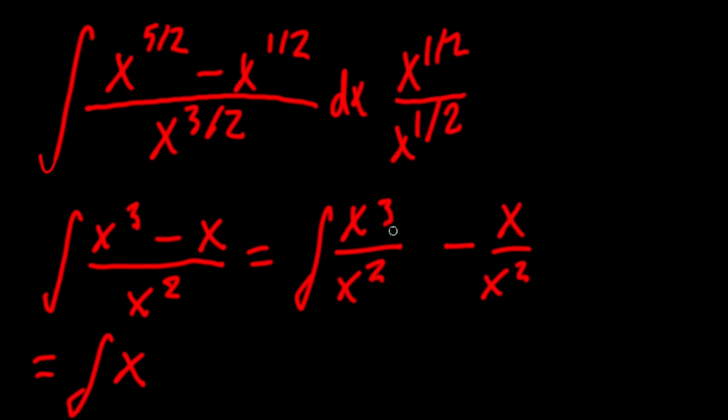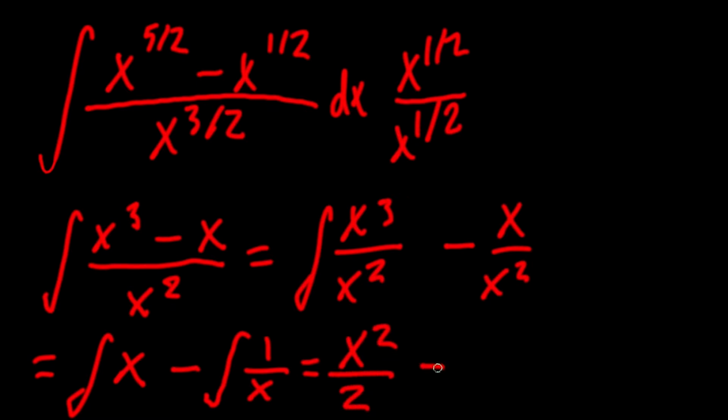When you divide, you can subtract exponents, and now we have a very, very simple integral. We can integrate as x squared over 2 minus ln the absolute value of x, because the integral of 1 over x is just ln absolute value of x, and our integral is completely solved.